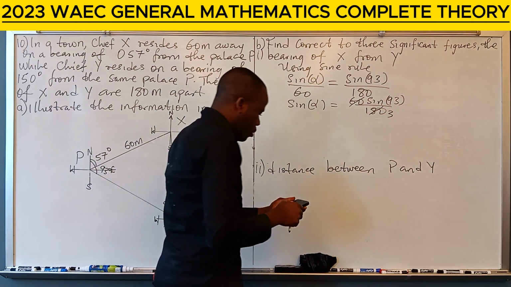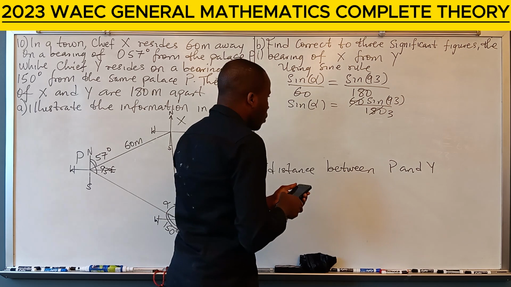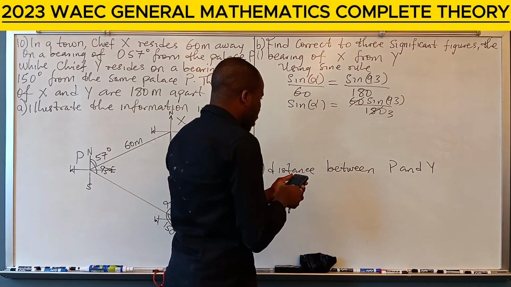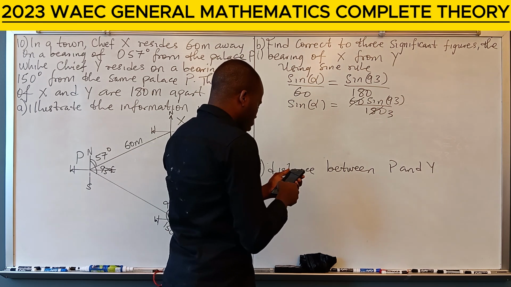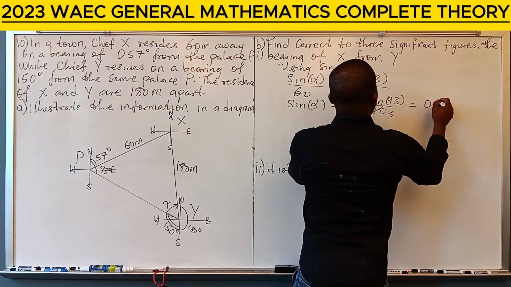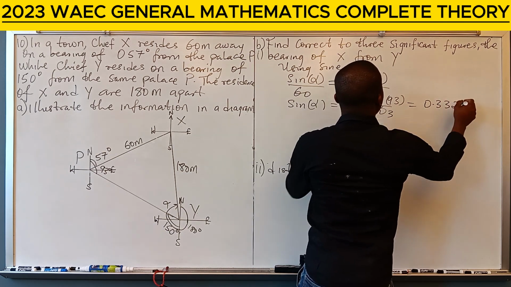And when we do that, we'll have sine 93 divided by 3. This is 0.3328.